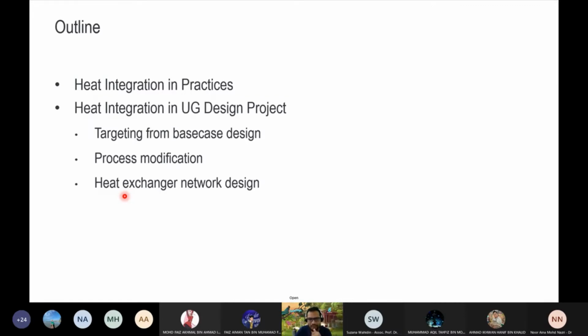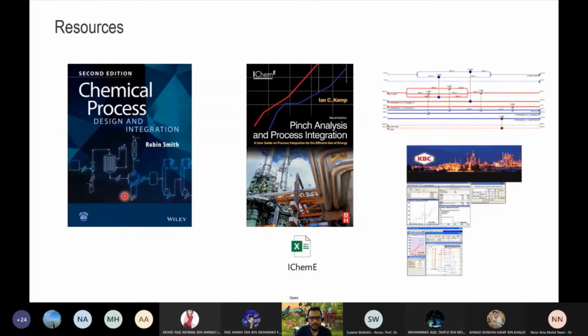I think you already get the theory from school, and you can get the theory from these books. These are the books, at least these two. This is the well-known book on pinch analysis and process integration, and this is already the second edition. The first edition was written by the inventor, the person who developed this method, Linnhoff, at that time at the University of Manchester.